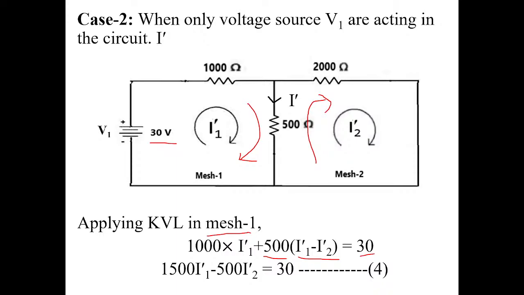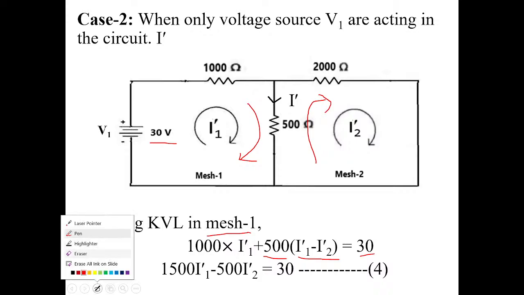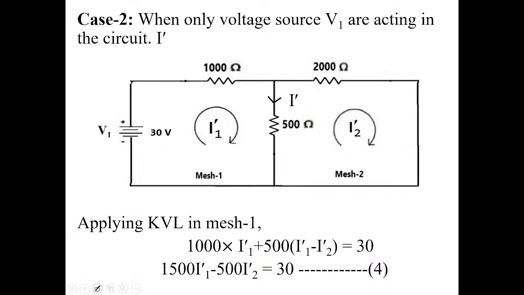So when only the V1 voltage source is acting in the circuit, this is my KVL equation in mesh 1: 1000 into I1 dash plus 500 into I1 dash minus I2 dash equal to 30.